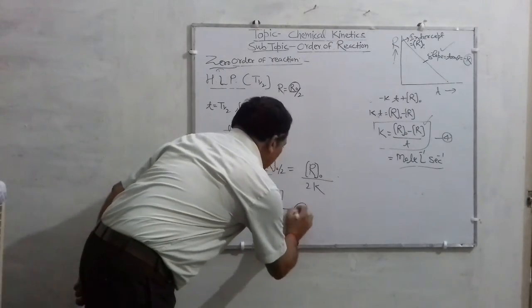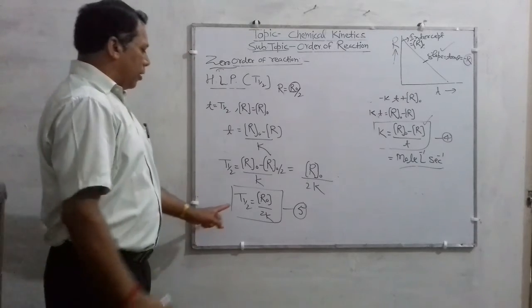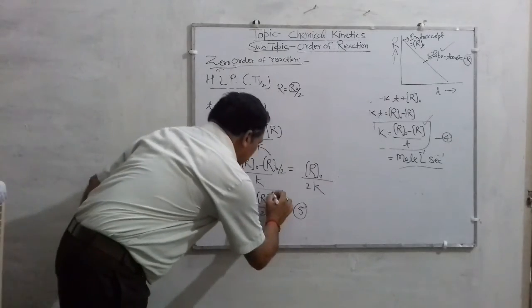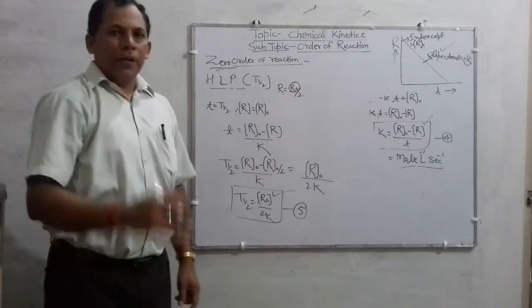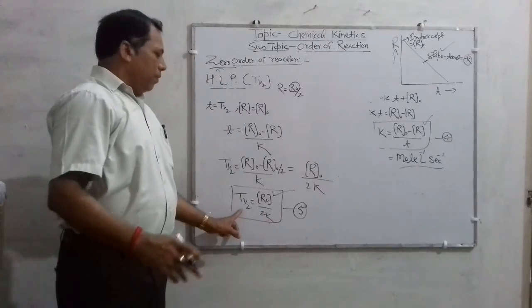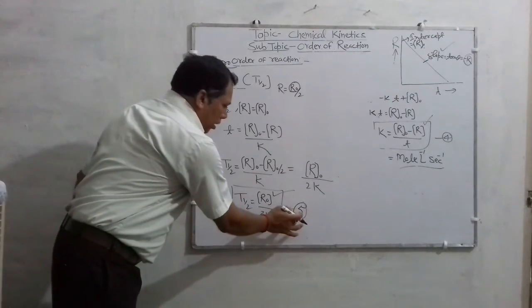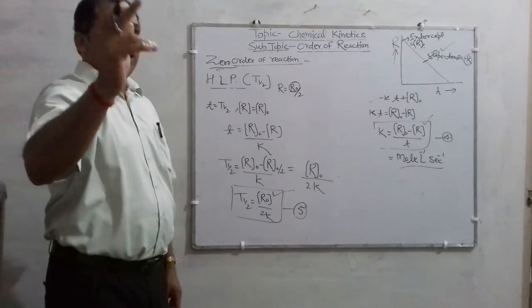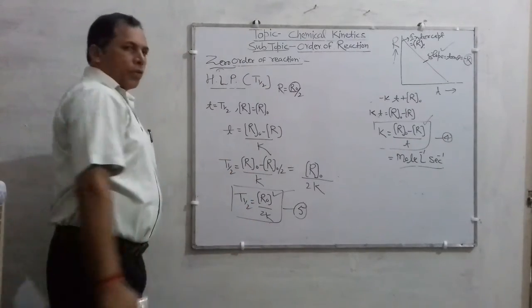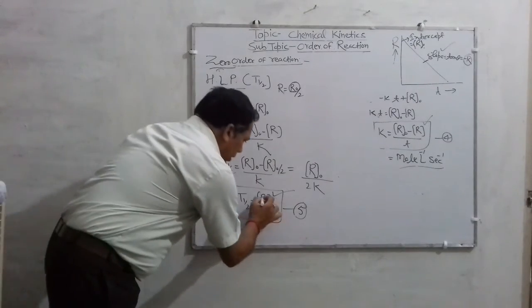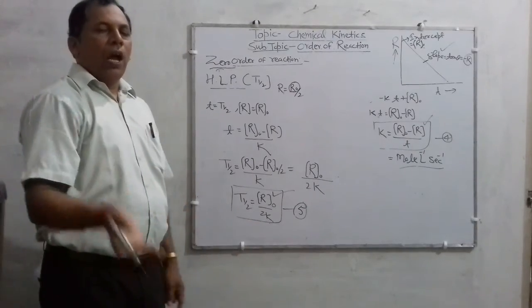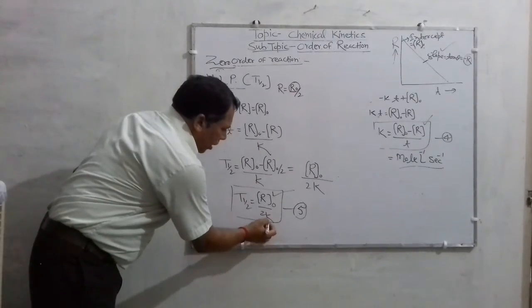So from equation 5, children, it is clearly evident that the half-life period for zero order reaction is directly proportional to the initial concentration of the reactant, but inversely proportional to the rate constant K. Must remember, a very crucial point.